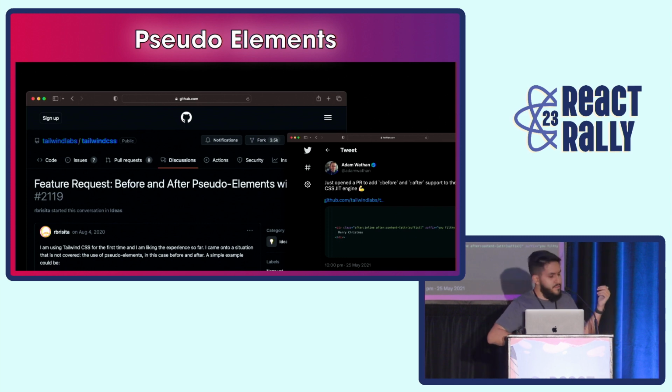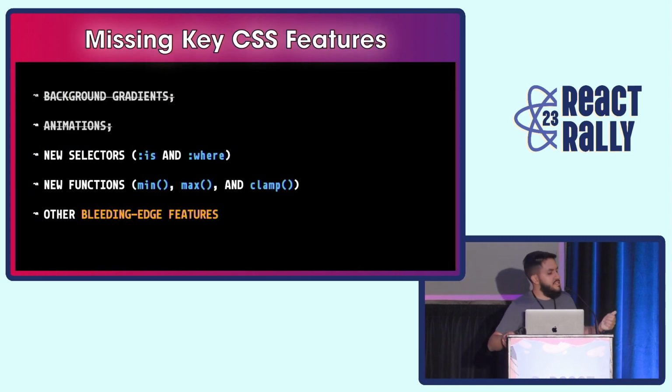It was the same thing with background gradients or even animations. Now it's the same thing with selectors like is and where, or new functions that we have like min and max. But this extends to any other bleeding edge technology that CSS gets. You kind of have to wait, and that might be a long wait.